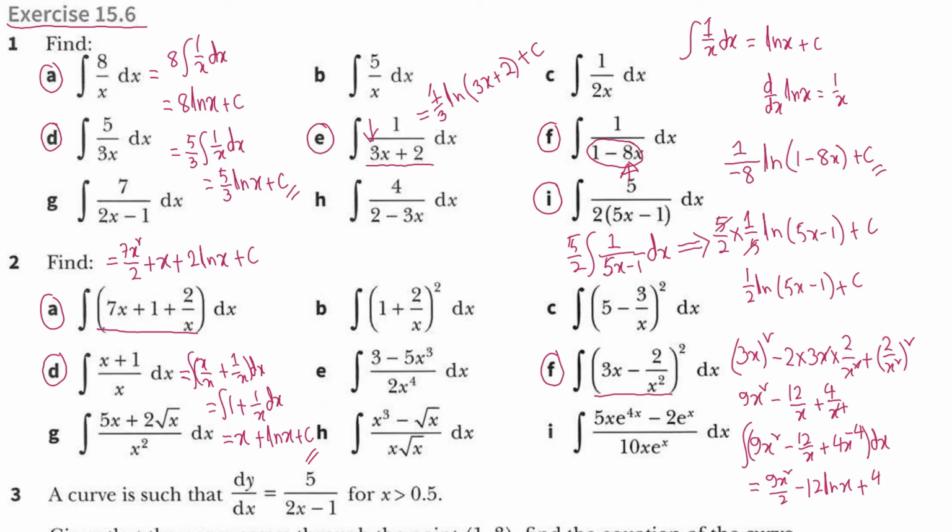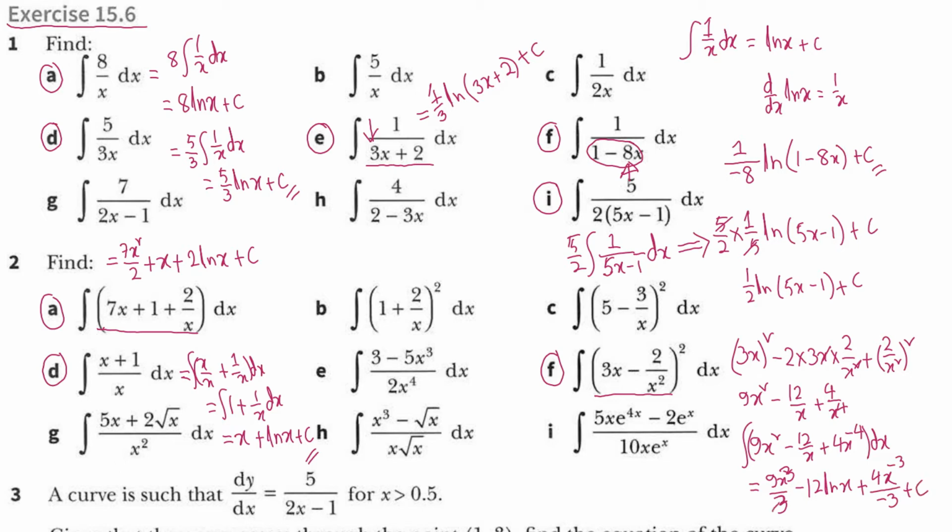Extremely sorry, it's not 4x squared by 2, it would be 4x cubed by 3, because we needed to add 1 on the power. Minus 12x, plus 4 x to the power minus 4 plus 1, which gives us minus 3, divided by minus 3 as well, plus c.